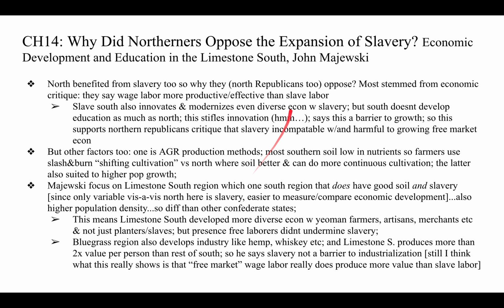And so this is one big reason why people in the North, even Republicans, opposed slavery. But the South also innovated and modernized, and developed a diverse economy even with slavery, shows Majewski. But they didn't develop education as much as the North, and he does say this did stifle innovation.